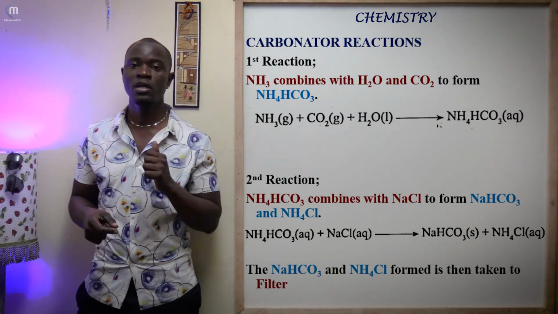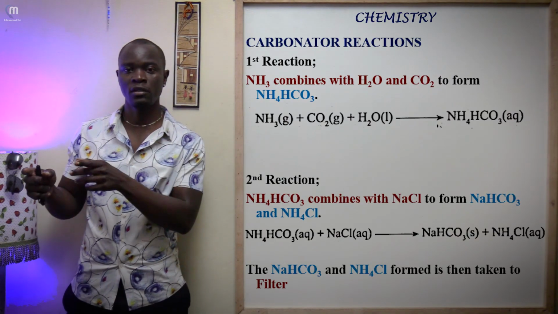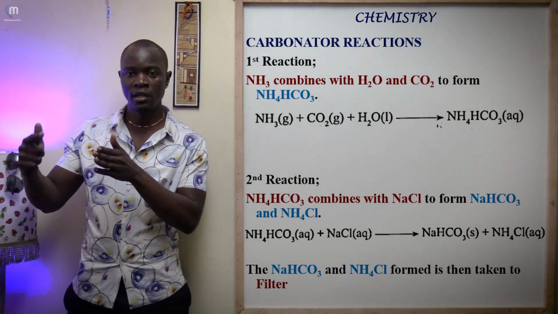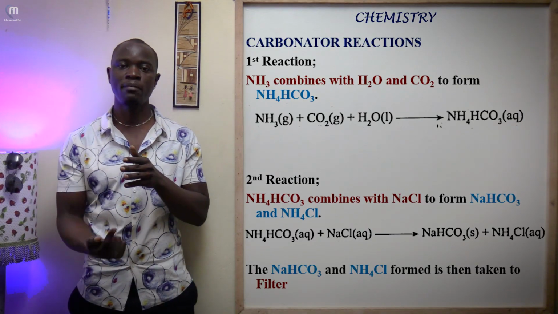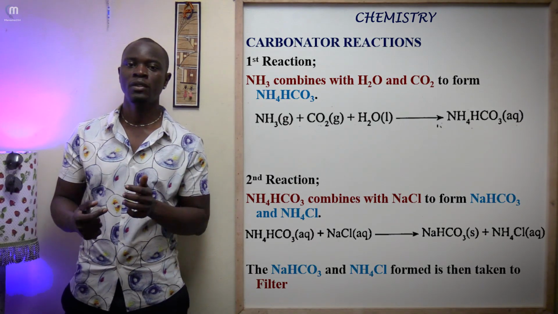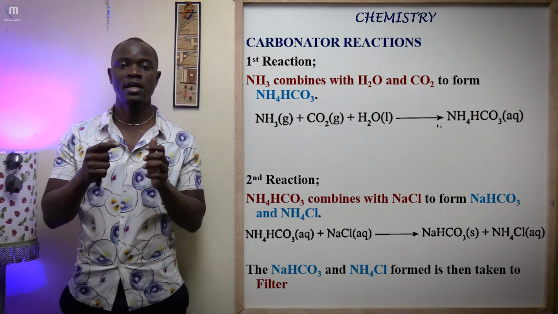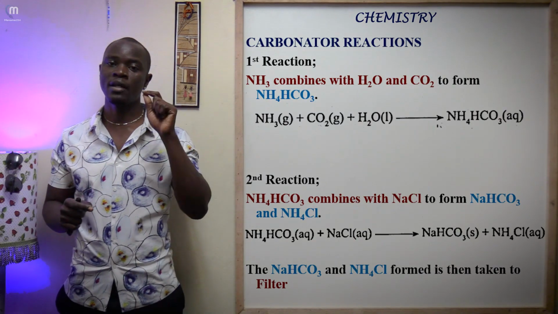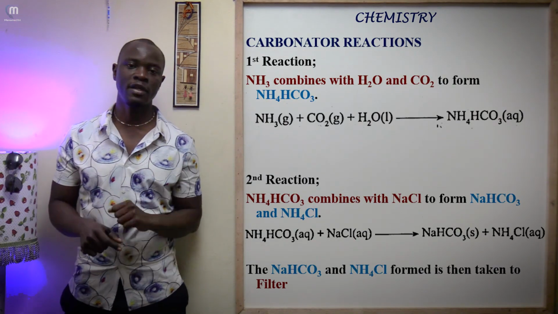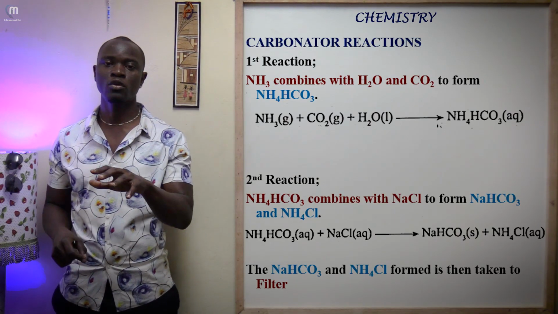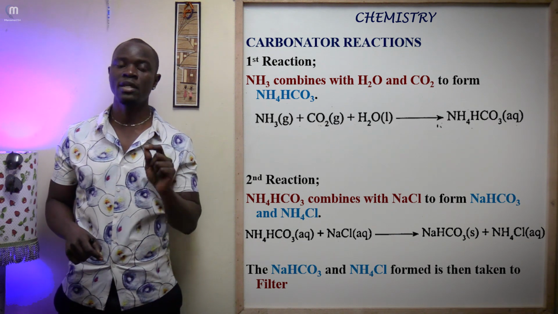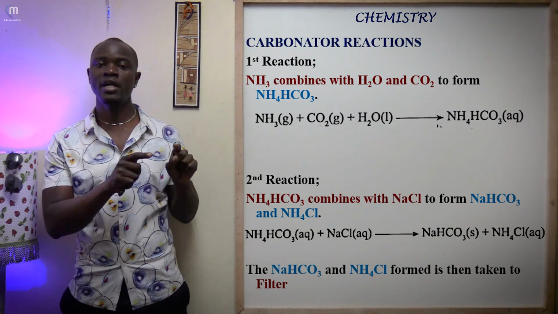This CO2 is from the kiln, whereby the kiln constantly generates carbon dioxide. This carbon dioxide is pumped into the carbonator from below. After the CO2 has entered the carbonator, this is where the reaction takes place. You can also see the water molecules are reacting with the ammonia. This water is from the ammonia generator.